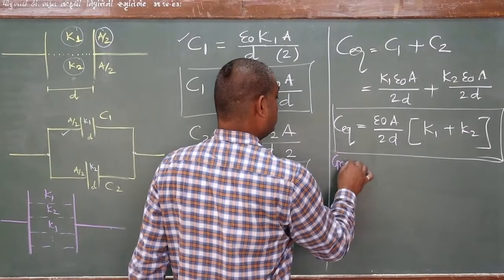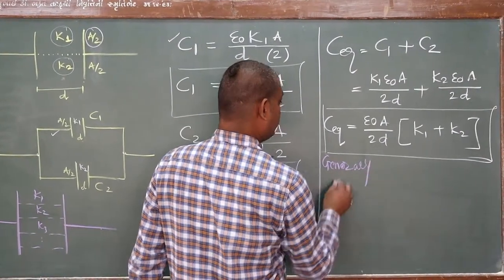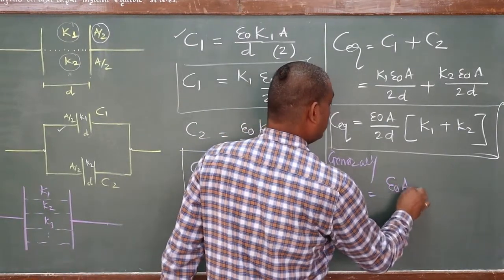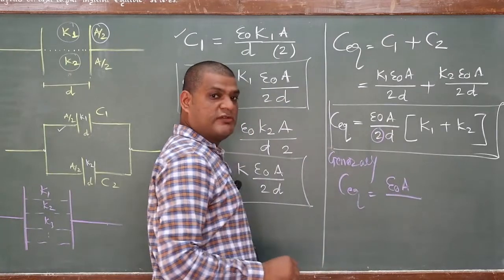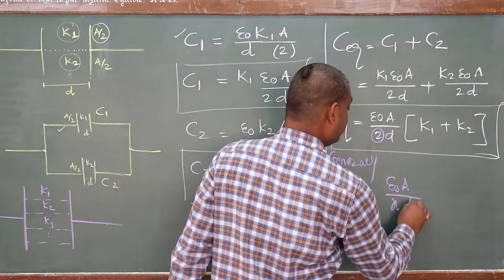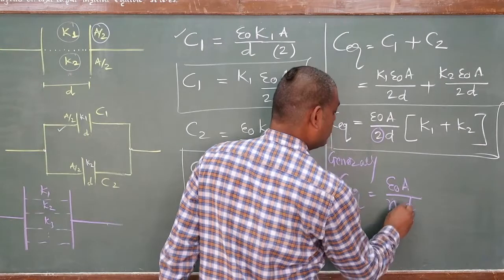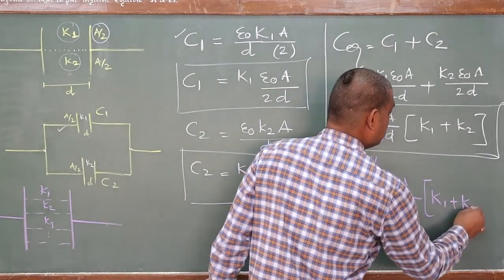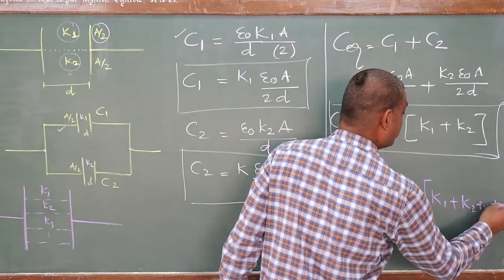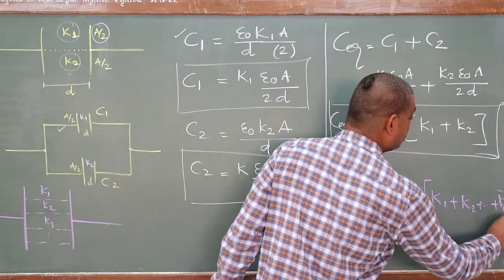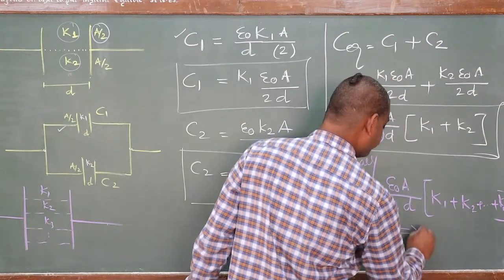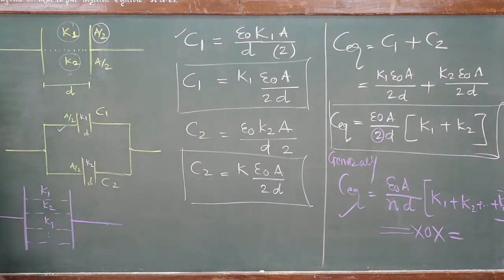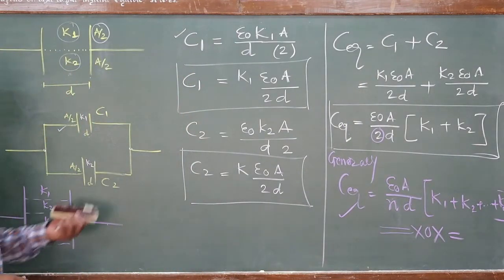Generally we can write C equivalent equals epsilon 0 A by, instead of 2 we write N, and D remains as it is, N into D, times K1 plus K2 plus up to Kn. So this is your final answer. You just note this down.